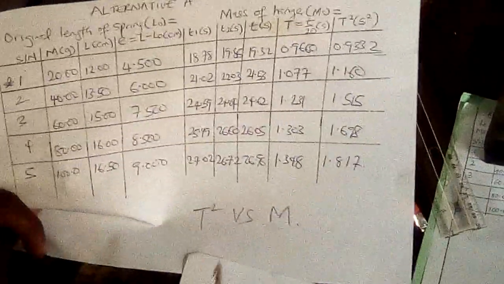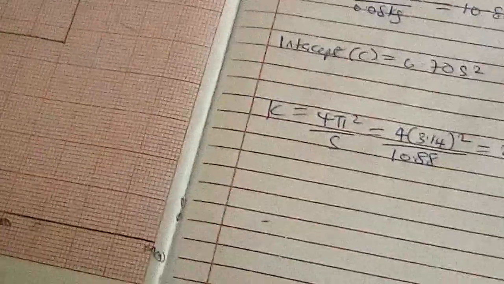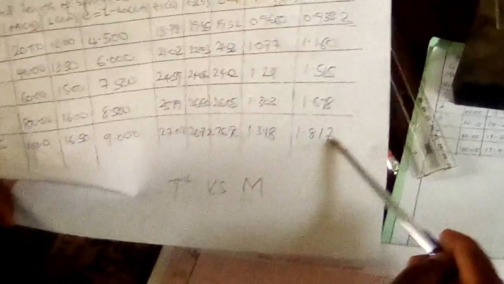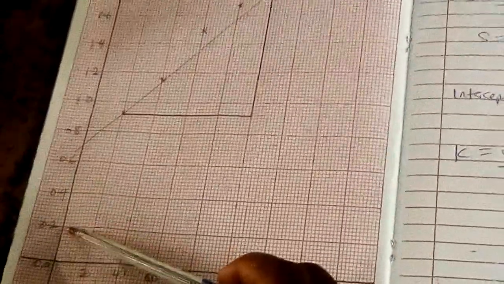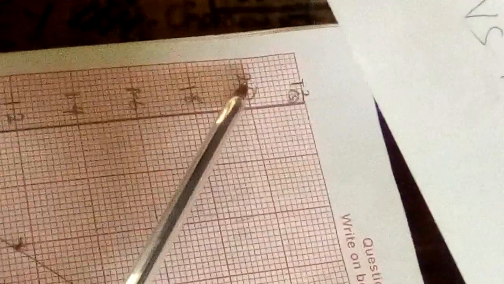So the T squared values range from 0.933 to 1.817. Our scale will be 0.2, 0.4, that means 0.2 unit to 2 cm or 1 bus, 0.2, 0.4, 0.6, 0.8 up to 1.8, then 2.0 over there.